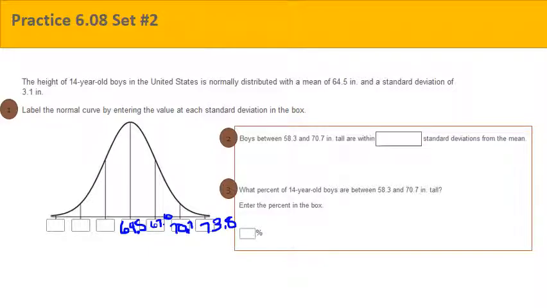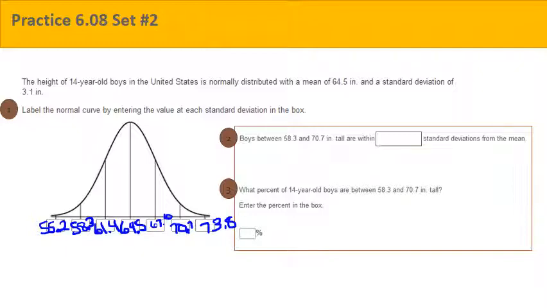And then going down, we have to subtract, so that is 61.4, 58.3, and I should have made this graph a lot bigger to put these numbers in. And then we have 55.2. There we go. And again, you're just subtracting 3.1 going down, adding 3.1 going up. And your mean is in the middle.